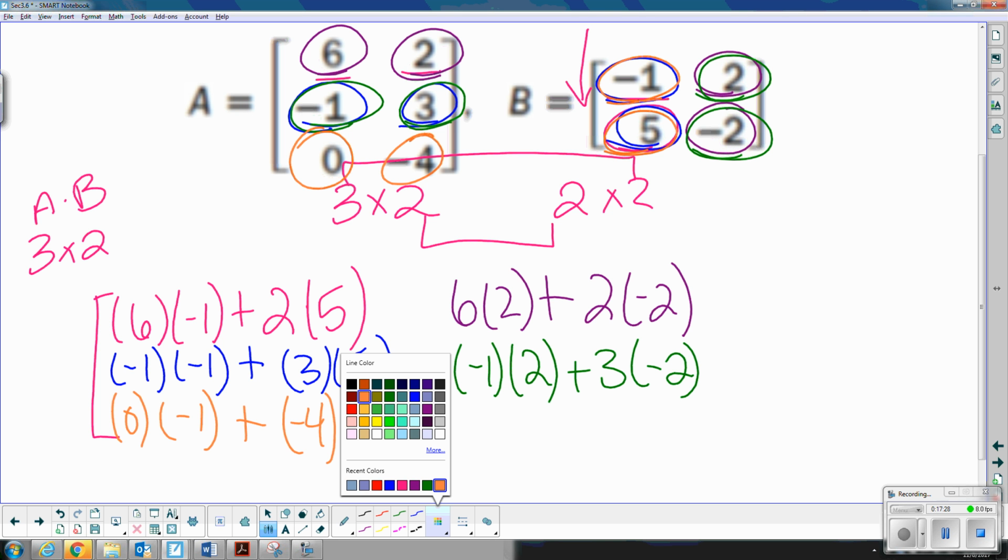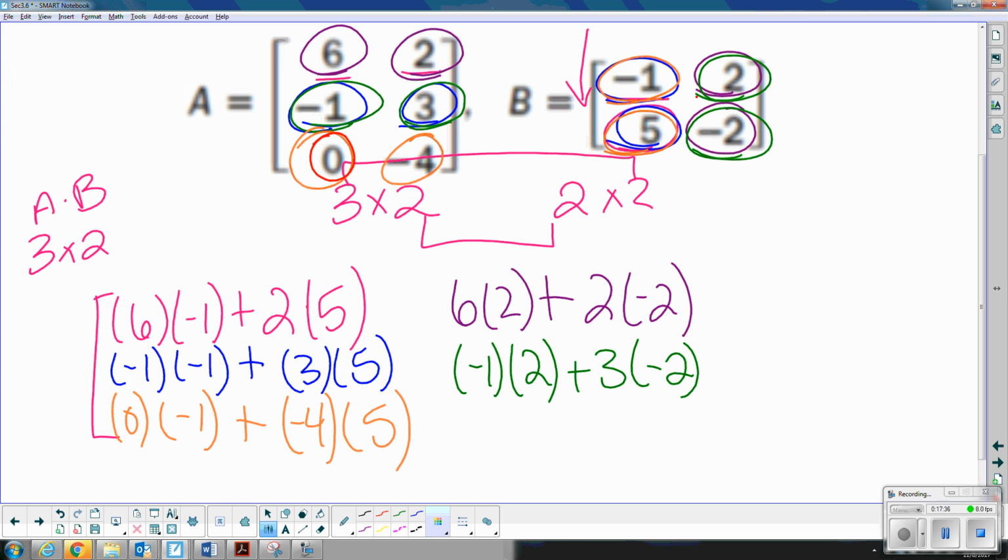And then the very last one, our third row, second column. 0 and 2 plus -4 and 2.